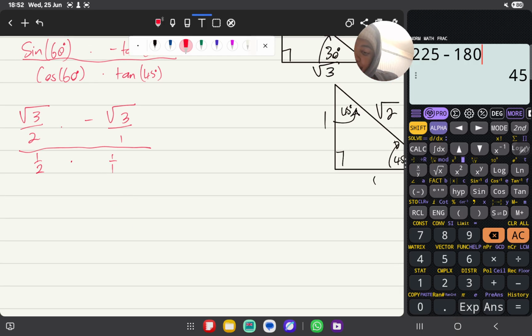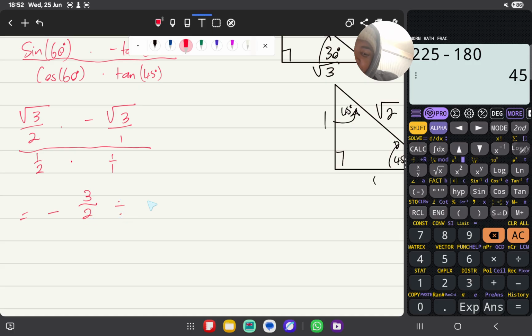When you multiply your numerators, you will have a negative. Square root of 3 times square root of 3 is 3, and 2 times 1 is 2, so it's negative 3 over 2.